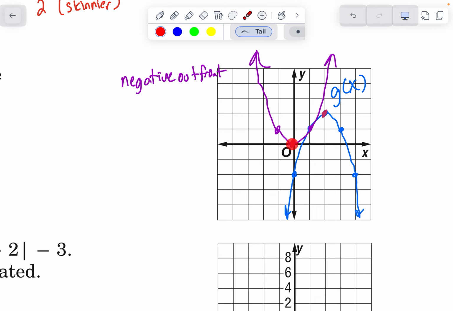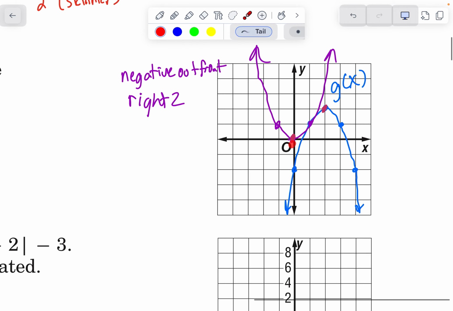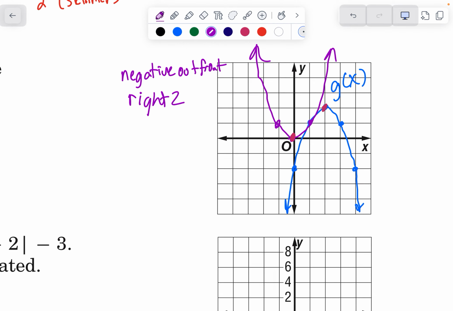From purple to blue. Right. Yes, it's gone to the right. How many units? 2. Okay, so let's make ourselves a note. It's gone to the right 2, and have we gone up or down? We've gone up 2, okay?